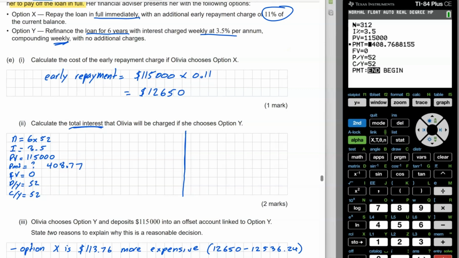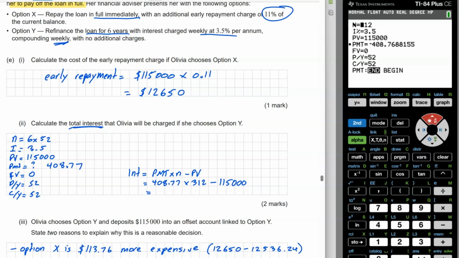Now the last little bit of this calculation is the interest. So the interest is going to equal, again, our payments times the number of payments that you did, and we're going to take away the present value. So we're going to go with 408.77 times 312. We're going to minus our present value, which is 115,000.